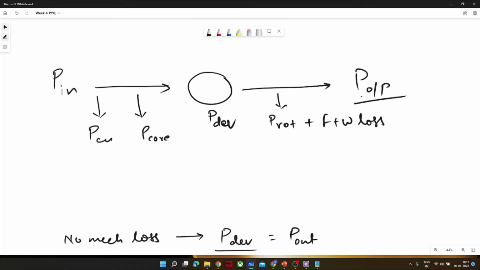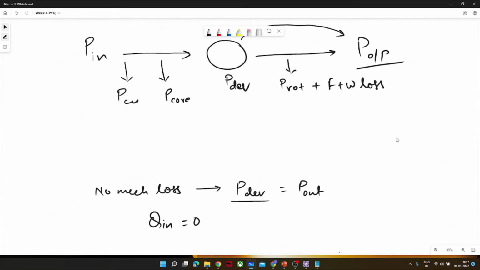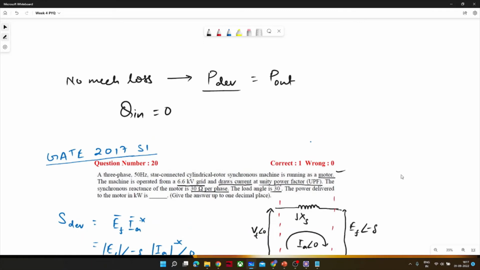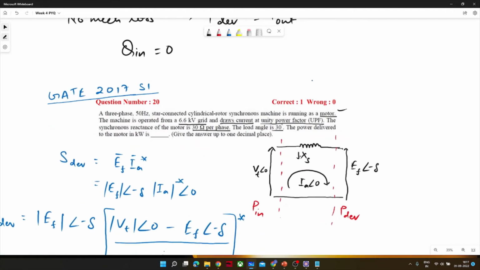But many a time this rotational, friction and windage loss would not be given, so you have to ignore that, and many a time power developed would be equal to power output, just for simplicity's sake, nothing else. So in this problem also, no mechanical losses are given. This is the circuit of the motor from Vt, the input power side, to the developed power side.